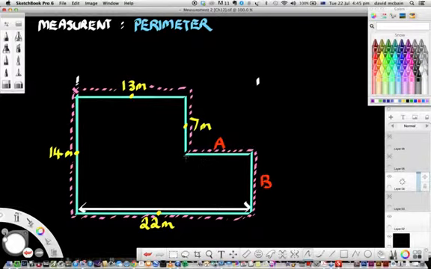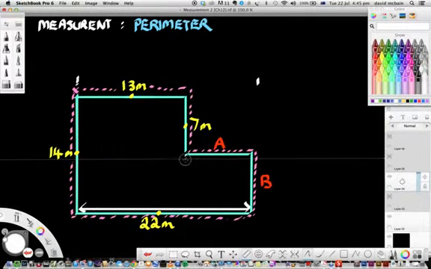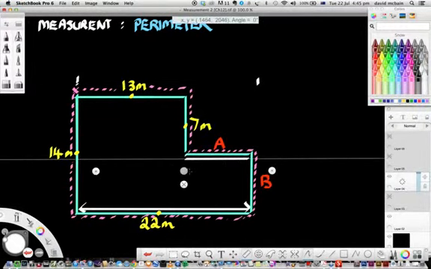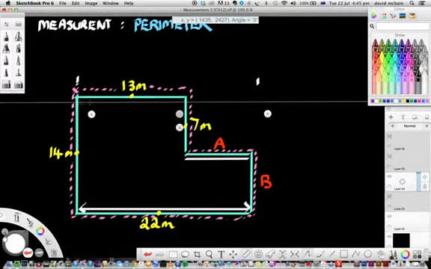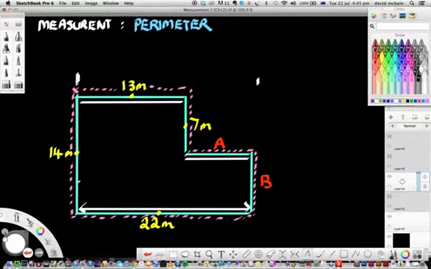Now, this distance here, distance A, that distance there, and that distance there add up to that distance from here to here. So if I imagine that distance and then that distance together, that side and that side add up to the full length there, which is 22 metres.